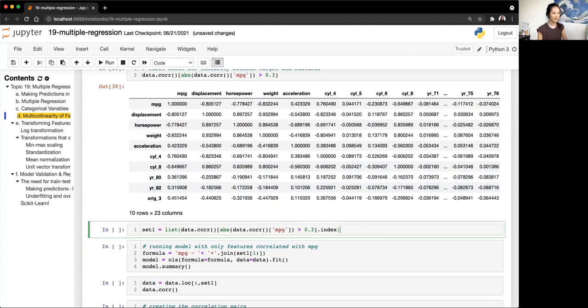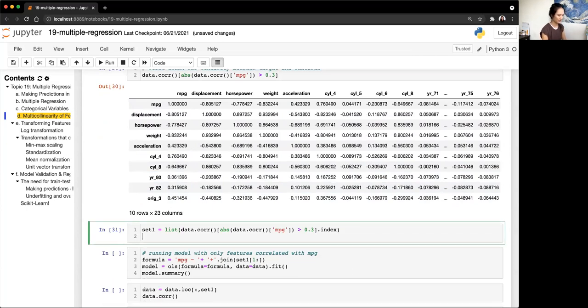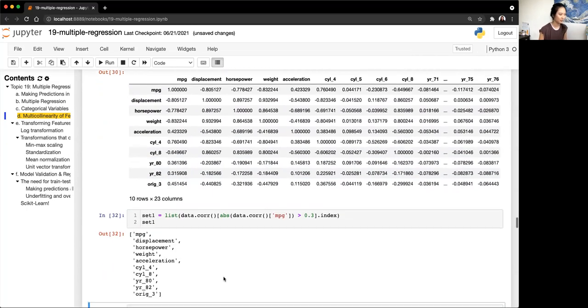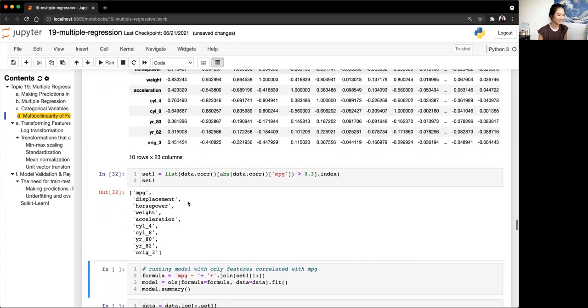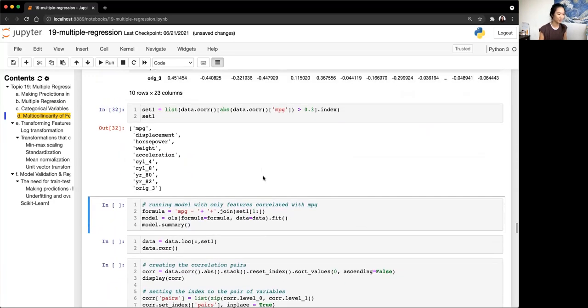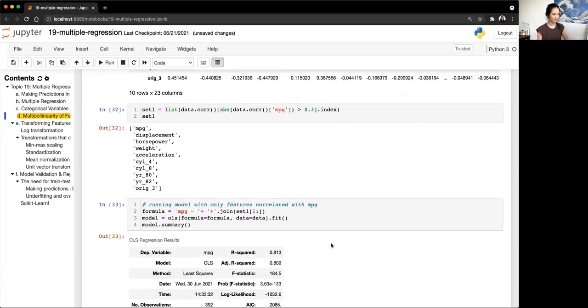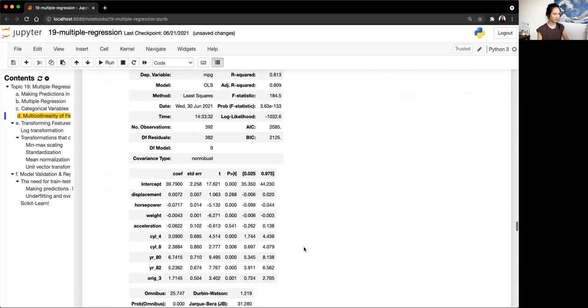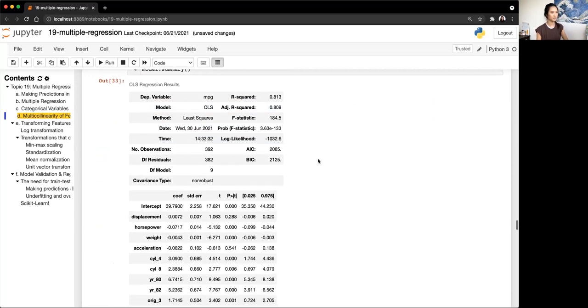All right, and then I'm going to, let me see, I forget what I did at step 1. Okay, so these are the columns that I'm going to keep. So I'm just going to rerun my OLS model first with only these features. Oops, what did I just do? Is it this one? Okay, cool.